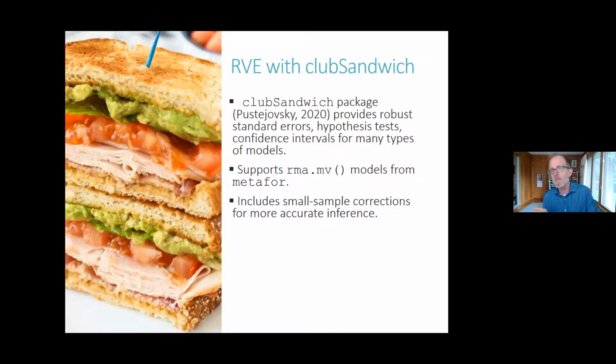It also uses adjustments to the hypothesis tests and confidence intervals, essentially using t degrees of freedom instead of large sample approximations. So all of this gives you extra insurance that the methods will work well, even with small samples, and even if your model is misspecified to some extent.